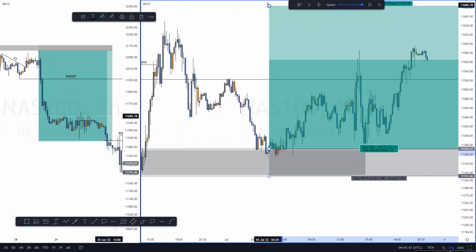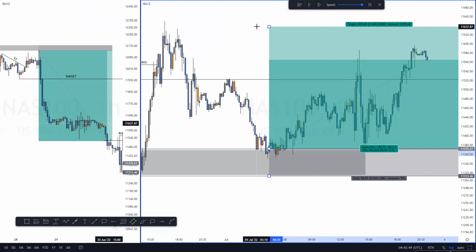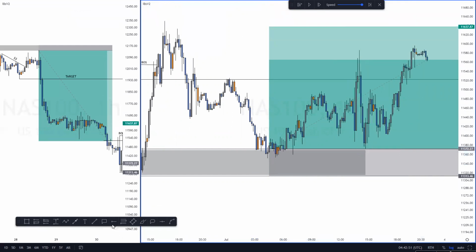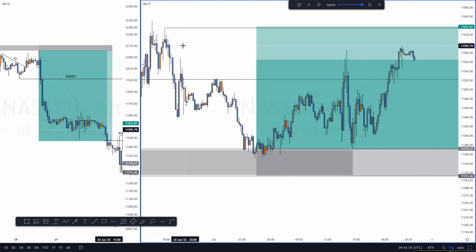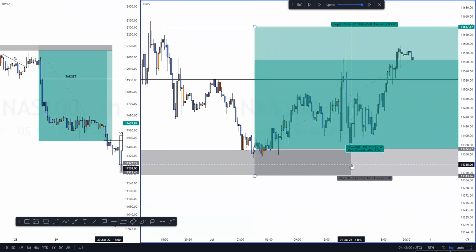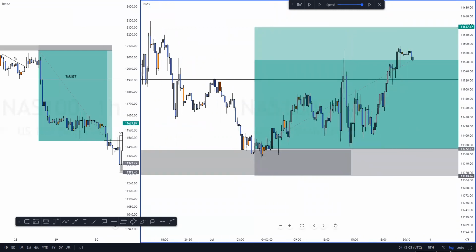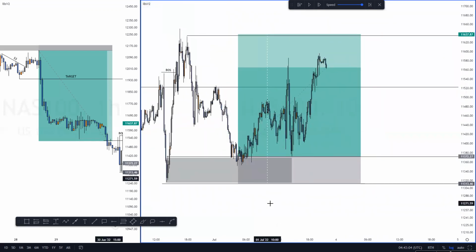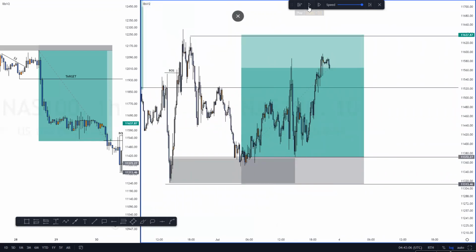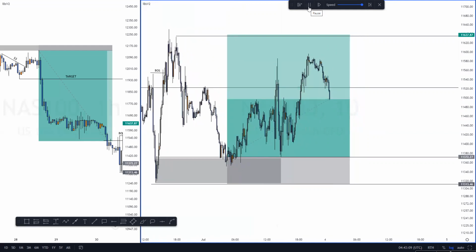So this was my first potential TP, this particular high here, because that was the high that sponsored the whole rally back. So let's see how it went. Just reduce this. Now prices are going up and up.